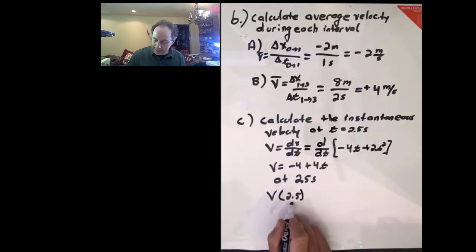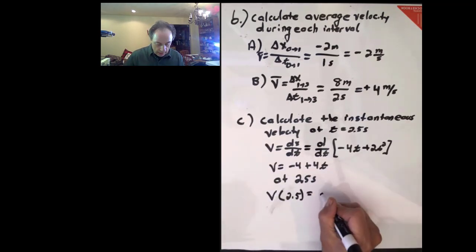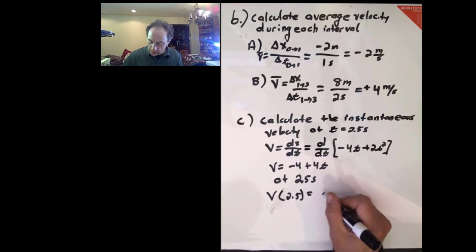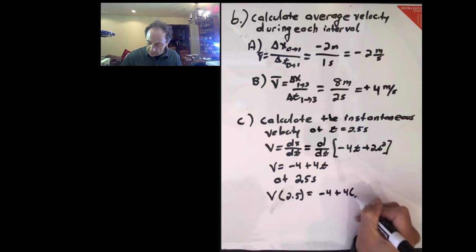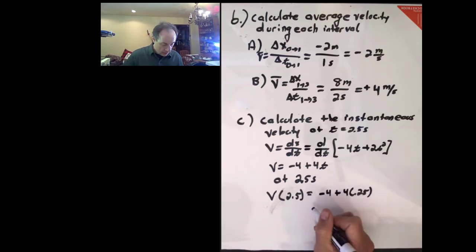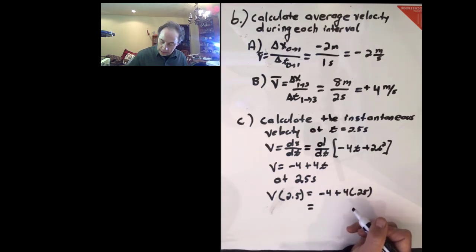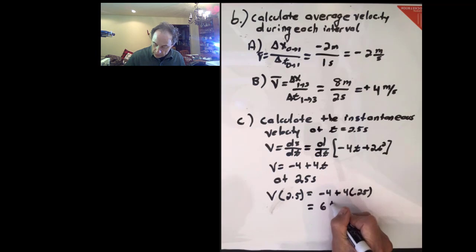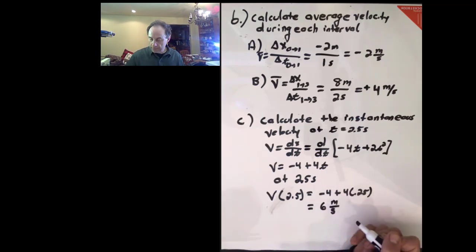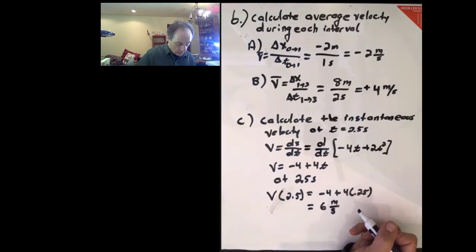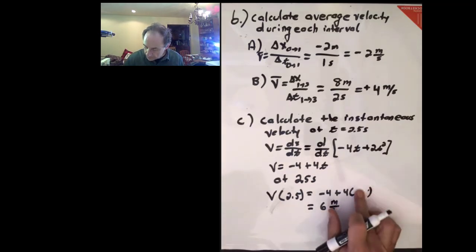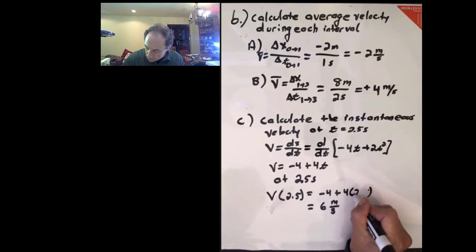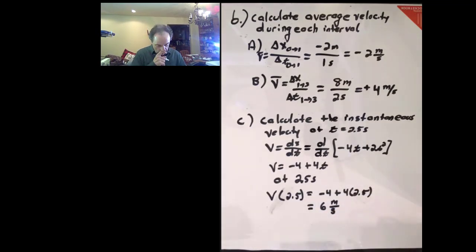The velocity at 2.5 seconds is going to be minus 4 plus 4 times 2.5. And that ends up being 6 meters per second. Okay.